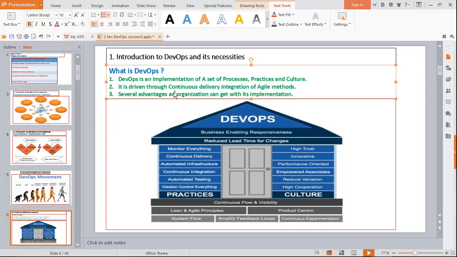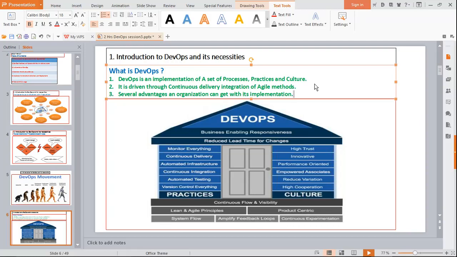And if you see the third point, there are several advantages an organization can get with its implementation. Obviously, if people culture is changing, they will have a highly professional environment, a collaborative environment, an understanding environment, a knowledge sharing environment.